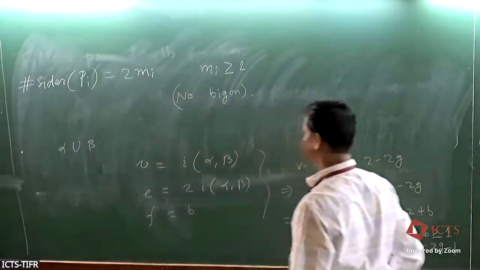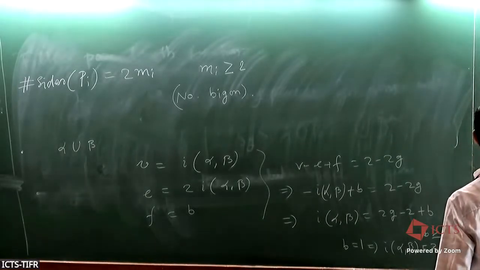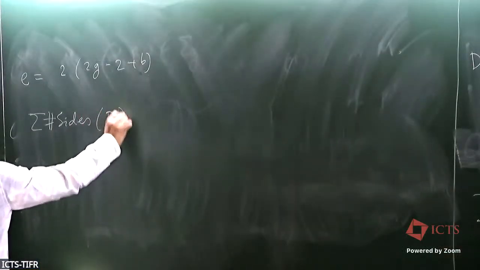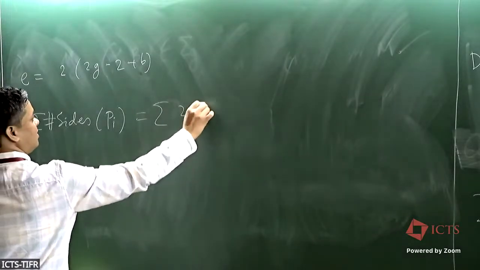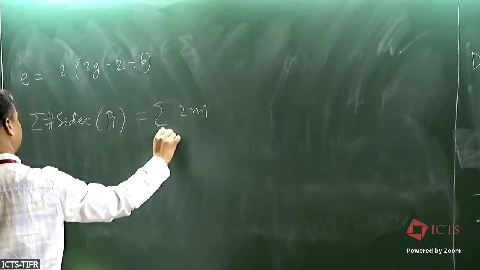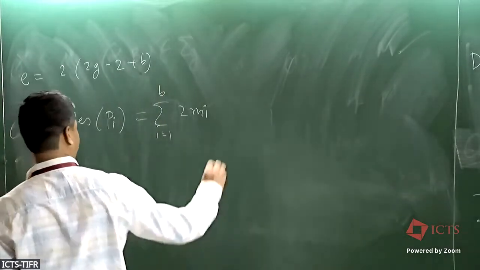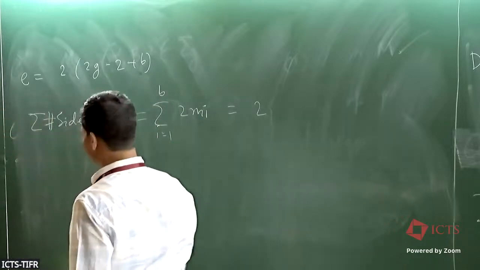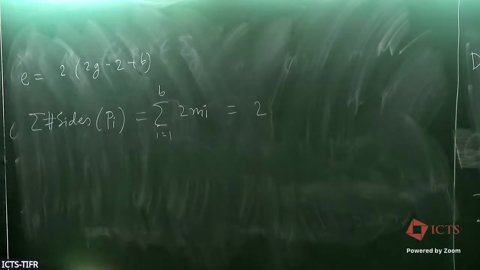Okay, and therefore the sum of the number of sides, summation of 2mi over i equal to 1 to B, is equal to 2 times E, since each edge contributes 2 edges to the polygons.